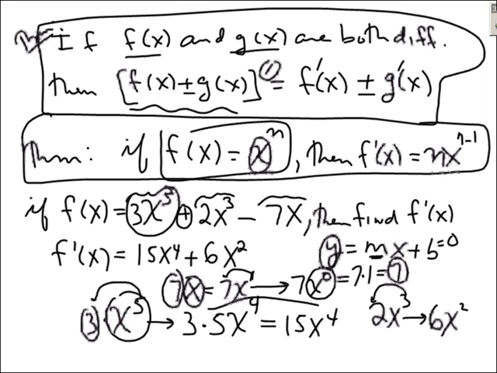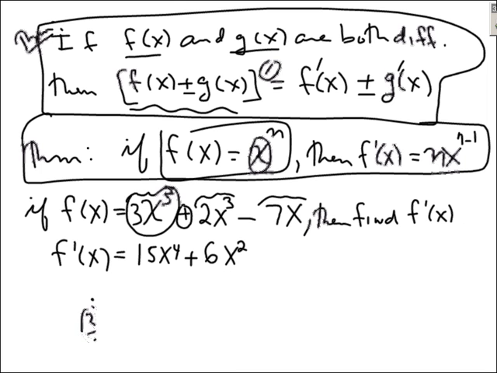In our case, the slope is 7. So let me erase a lot of this. And then I'm going to say the answer is minus 7. The derivative of a constant times x is just a constant.